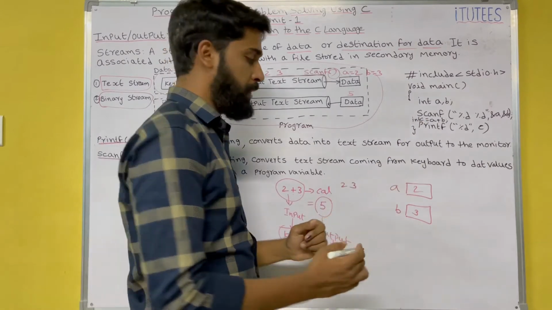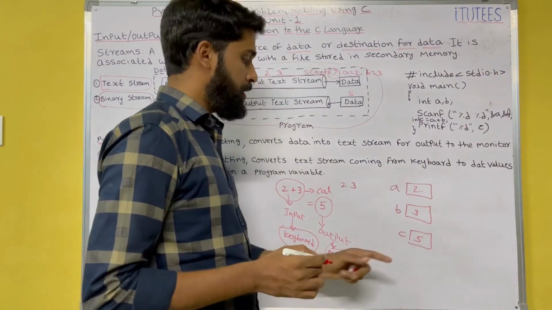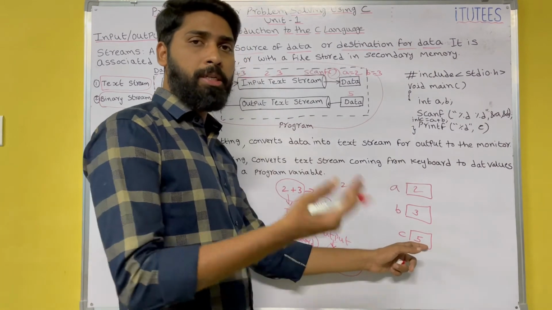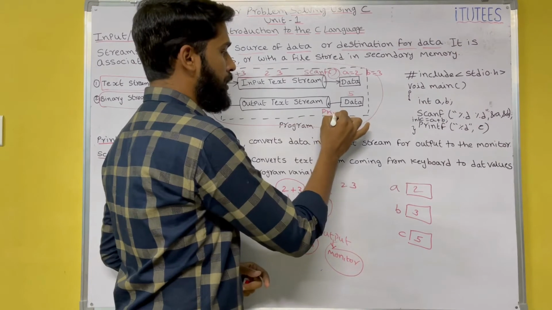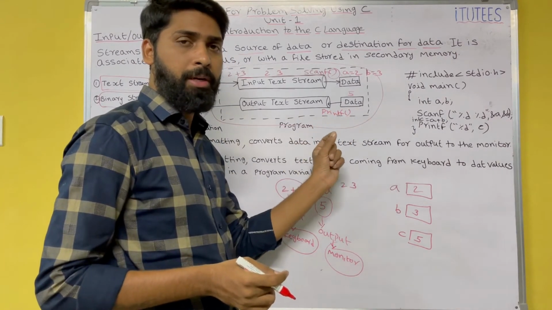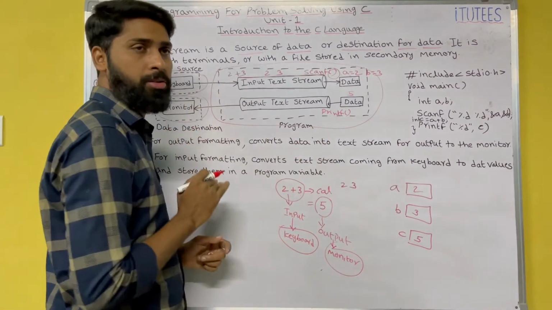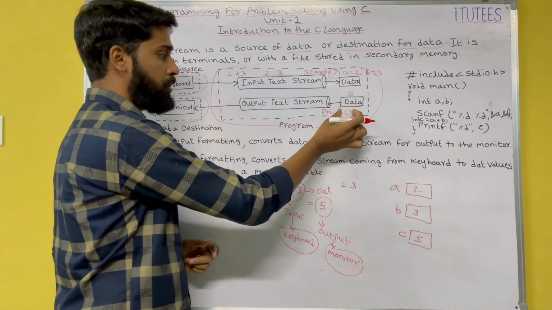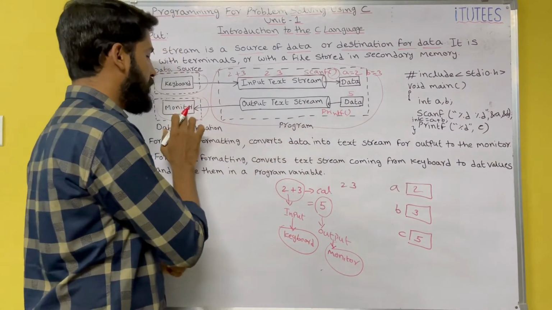Then c equals a plus b, so c is another variable, 5. Now I want to present this data on the monitor. For that we use printf. What is the purpose of printf? The printf is used to print the message on the monitor. So 5 is the data, and printf converts this data into an output text stream and presents it on the monitor.